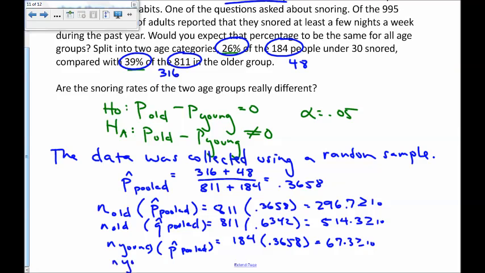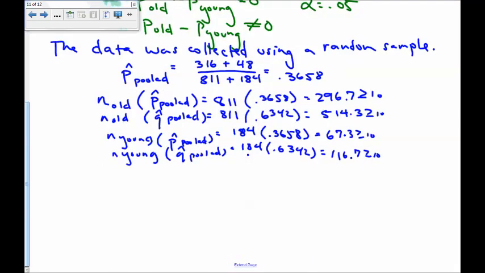And n young times q hat pooled is 184 times 0.6342, which is about 116.7, which is bigger than 10. Okay, the conditions are satisfied.